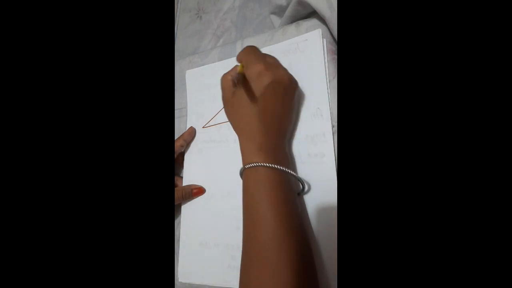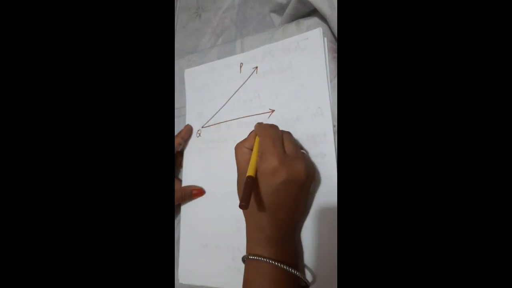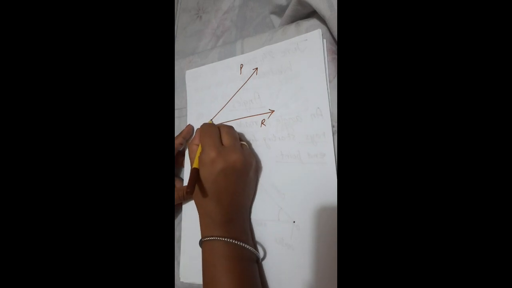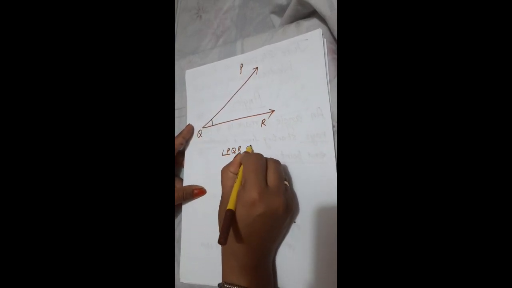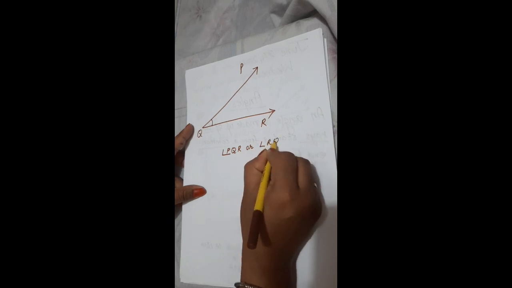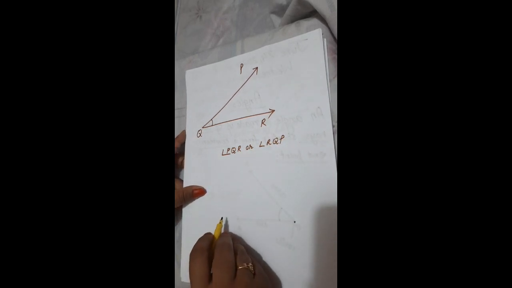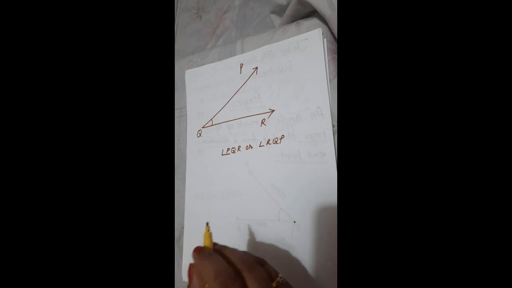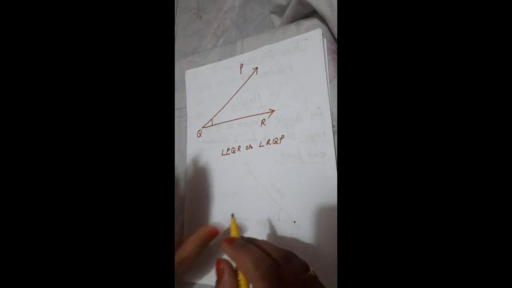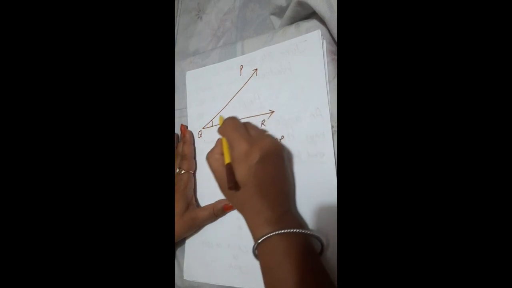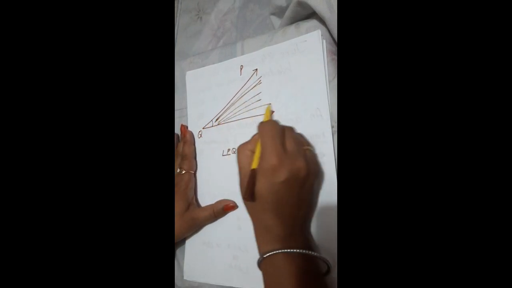Now next we have the interior of an angle. Suppose this angle is formed. Here I write PQR. So I will write angle PQR or angle RQP. Now the interior of an angle is the region of the plane that lies within PQR.